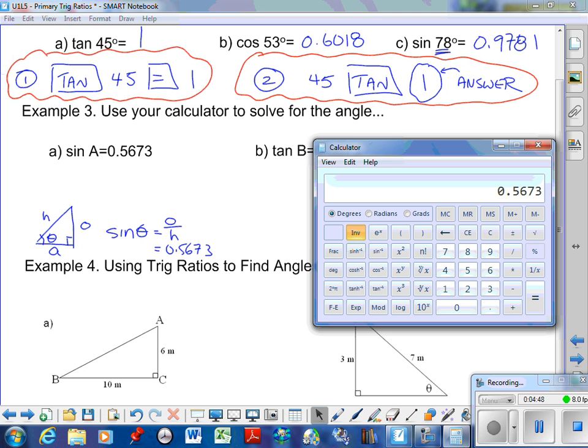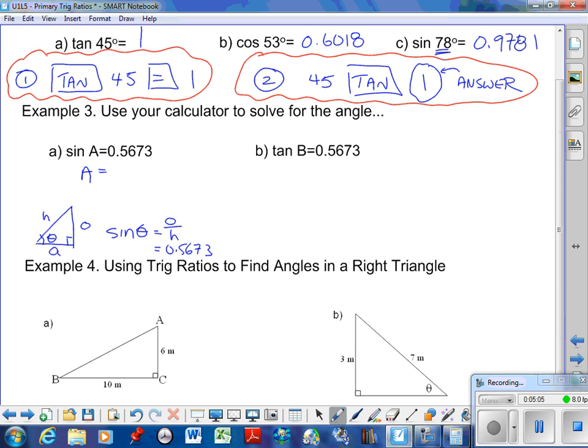If you look on your calculator in a different colored ink above the button, you'll see the same -1s on sine, cos, and tan. That's saying do the inverse, go the opposite direction. Then we end up with 34.6. So we would write it as A equals 34.6 degrees. It's just looking it up in the chart.